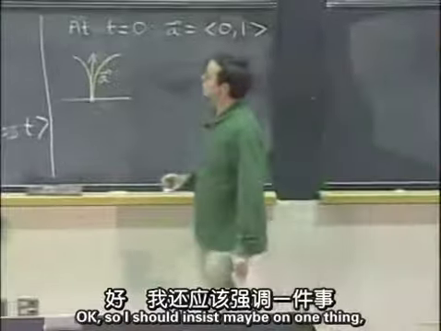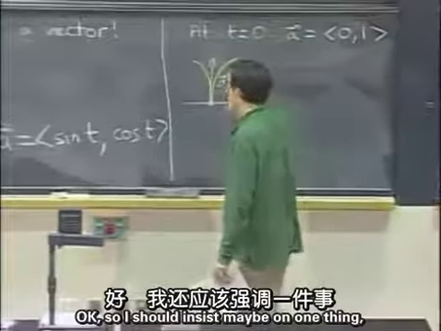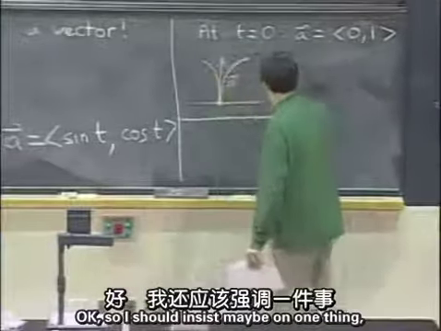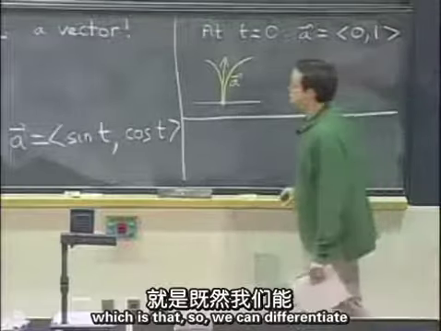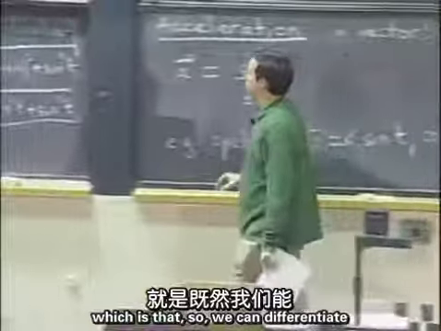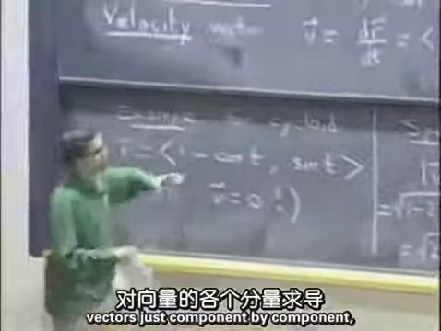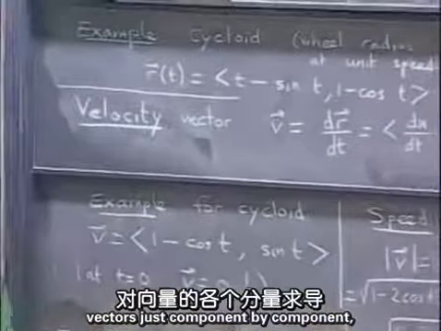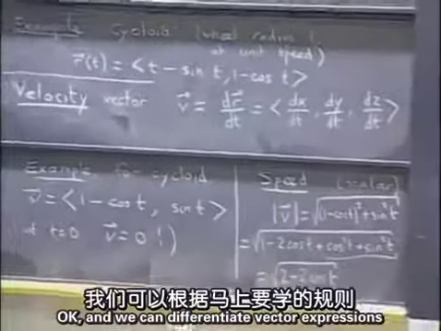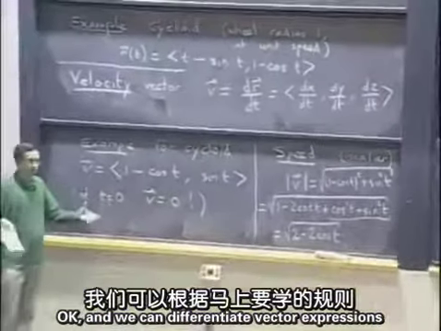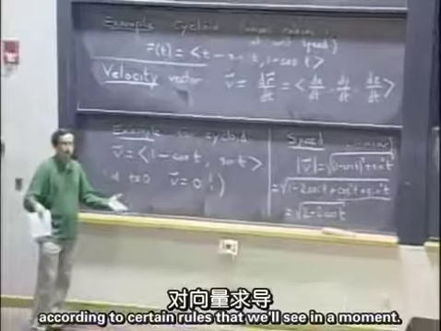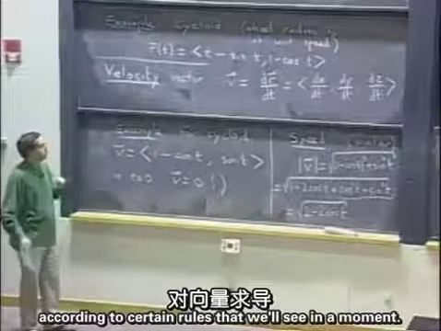Okay, so I should insist maybe on one thing, which is that we can differentiate vectors just component by component. Okay, and we can differentiate vector expressions according to certain rules that we'll see in a moment.